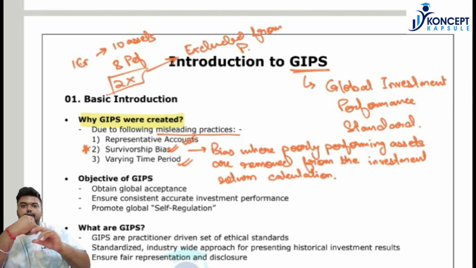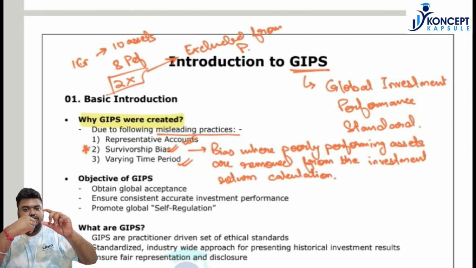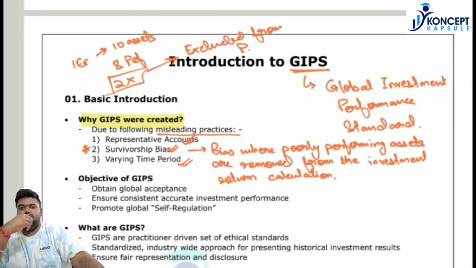So don't you think because of this the returns will always appear to be higher? There is an upward bias of my performance, right? So this gives an inaccurate picture to the investor.